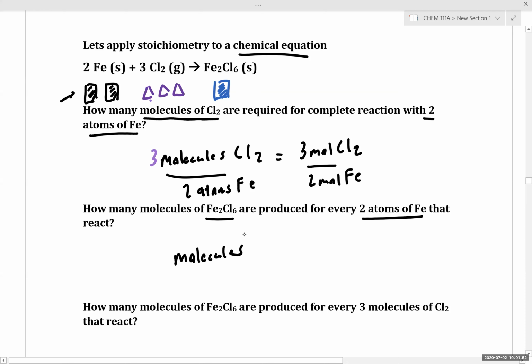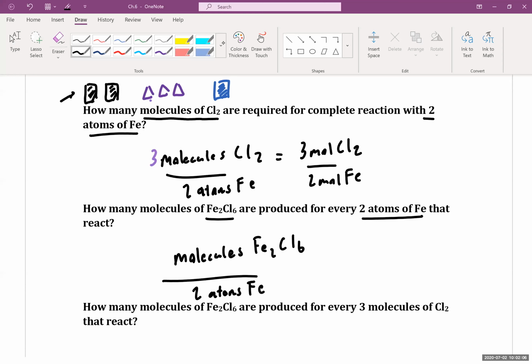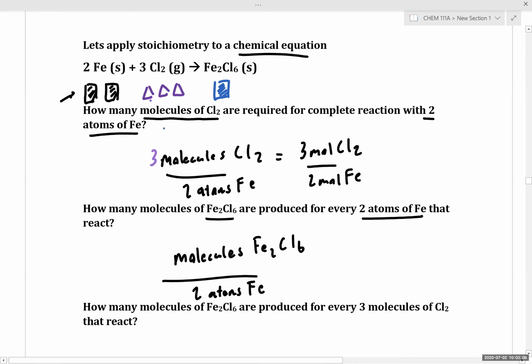So we're looking at molecules of Fe2Cl6 for every 2 atoms of iron. So how many product molecules do we make for every 2 atoms of iron?